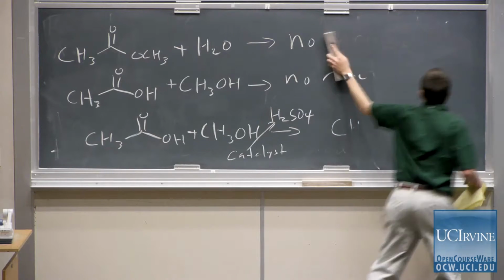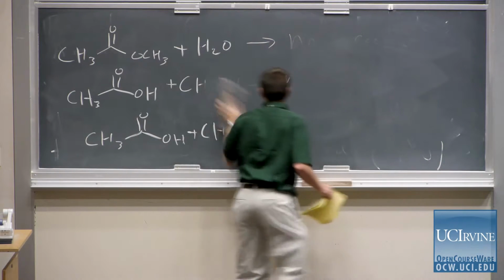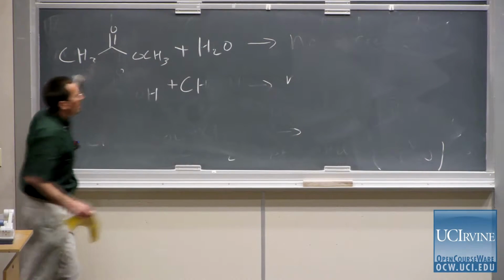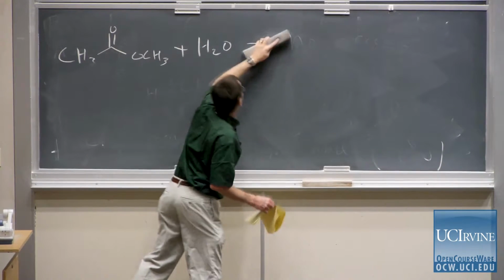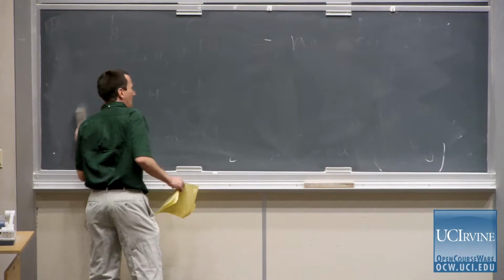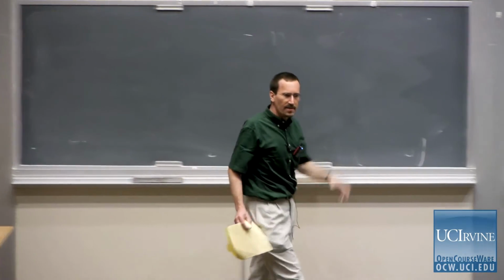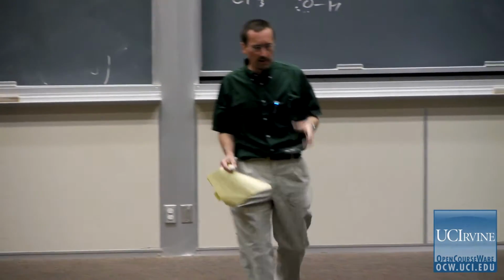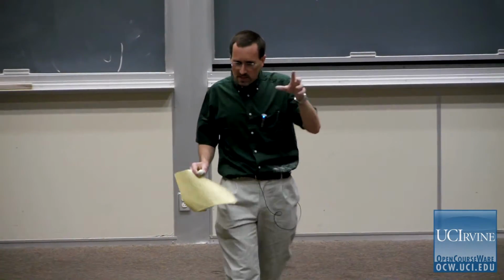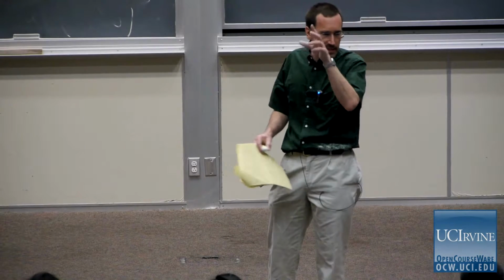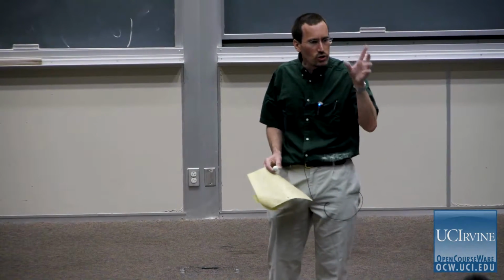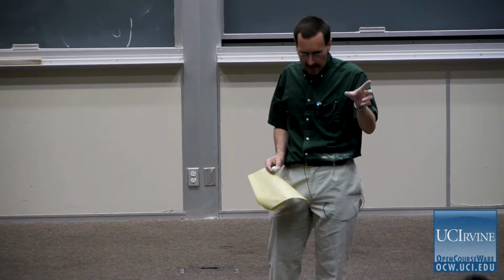All right, so that sort of takes us to an uncharged tetrahedral intermediate. And this looks a heck of a lot like a geminal diol if you think about it. And the common theme in all of this chemistry that we've talked about is these types of tetrahedral intermediates, these types of geminal diols, are not generally stable.